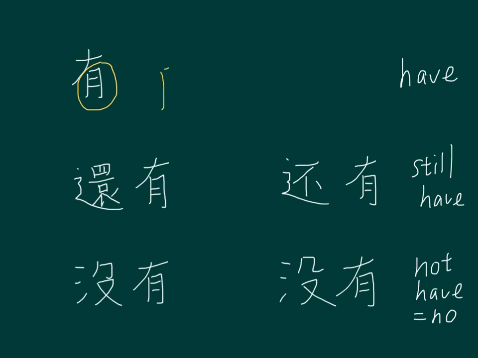It looks like the moon we've learned, right? 有. It means to have. I don't really know how to associate the look of this character, 有, with its meaning, but another way to remember what a character looks like, I know some of you don't like it, is to write it several times, okay? And see it and recognize it every time you see one.